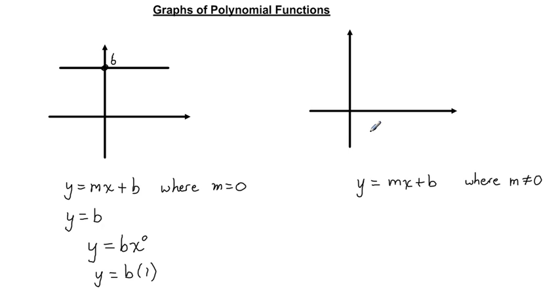Now when the slope isn't 0, you could have two cases. You could have a positive slope and you could have a negative slope. So let's draw one of each here. There's a positive sloping line, and we'll draw a negative sloping line.